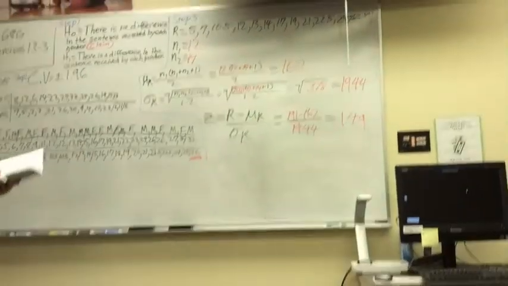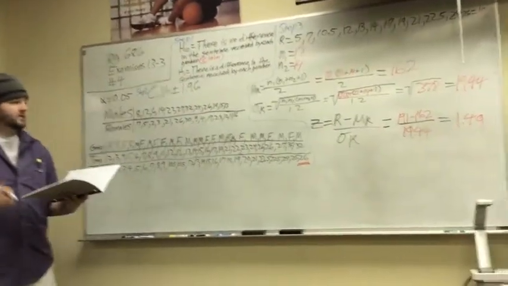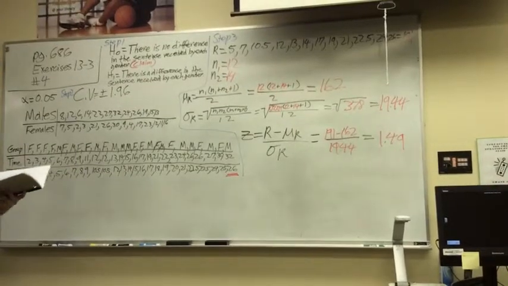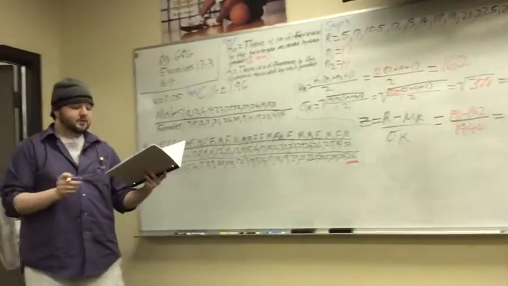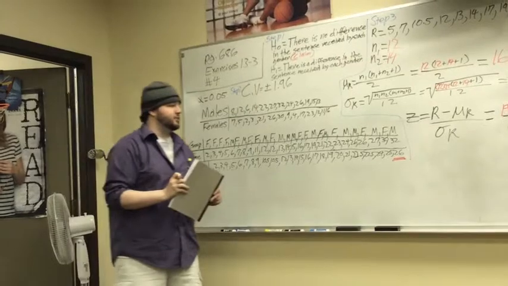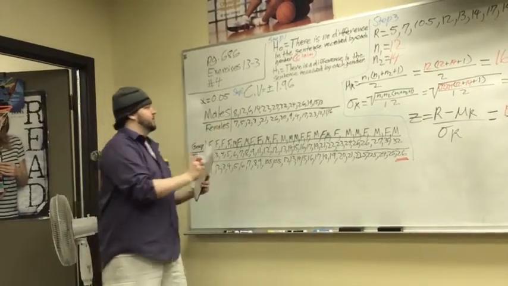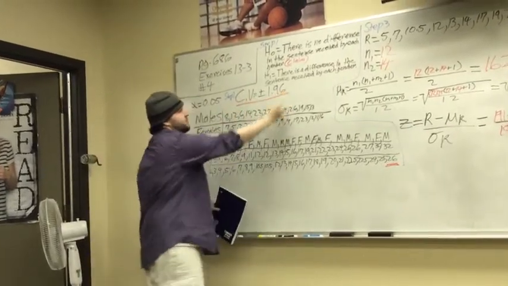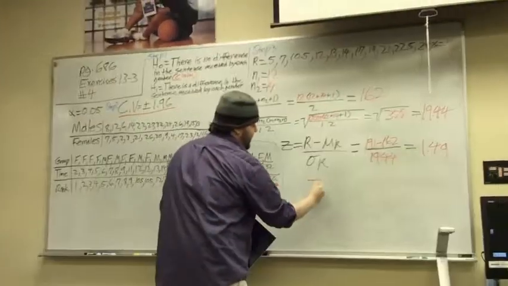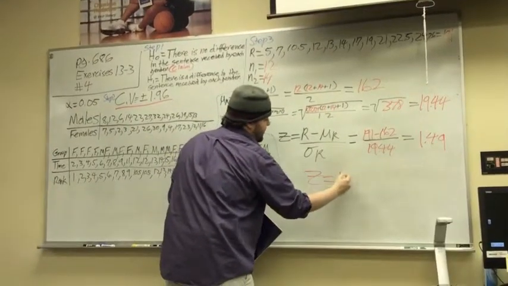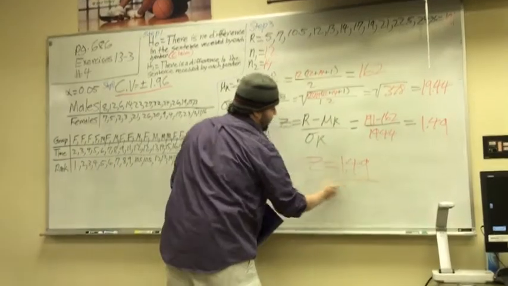And from this, we can answer the question with steps 4 and 5 by saying, do not reject, because there is not enough evidence to reject the claim when we take into account that the critical value is plus or minus 1.96, and that z equals 1.49.